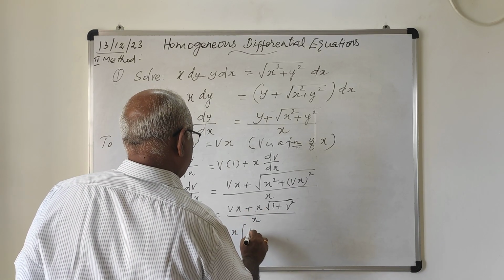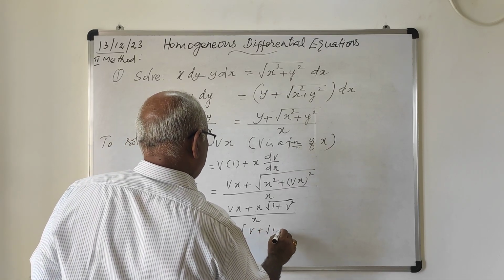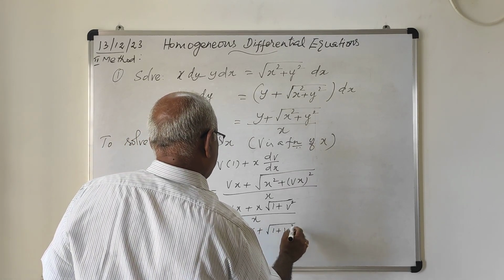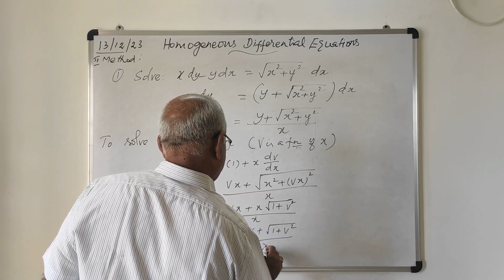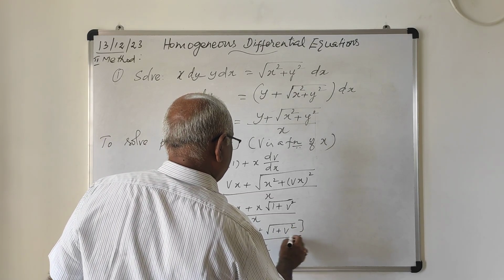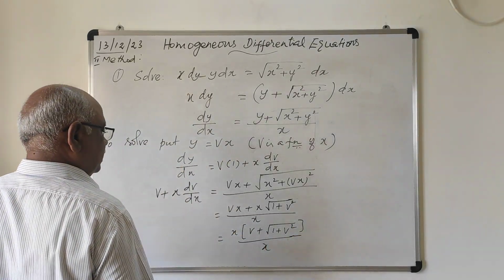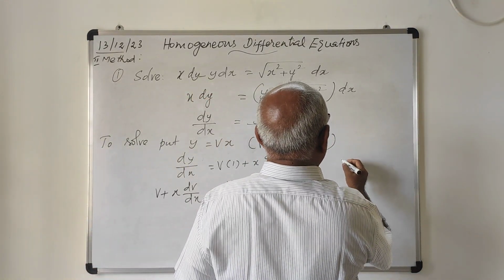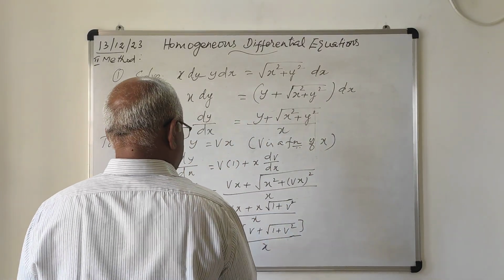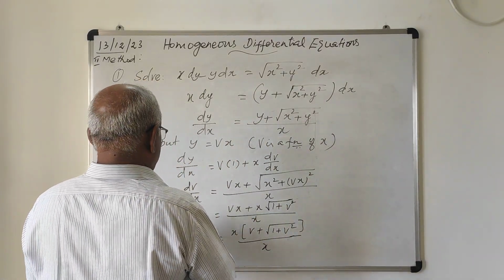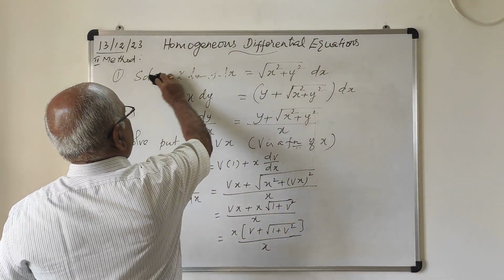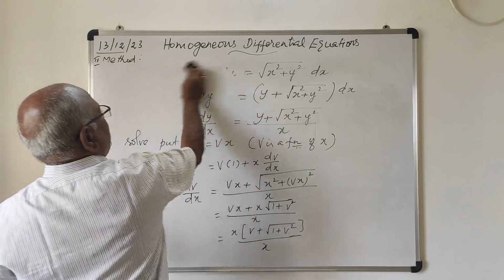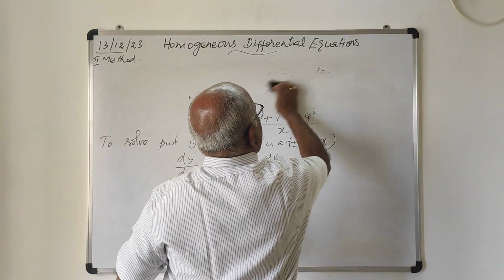You will get v plus root of 1 plus v square by x. X cancels in the numerator and denominator. You will get v plus x dv by dx equal to v plus root of 1 plus v square.